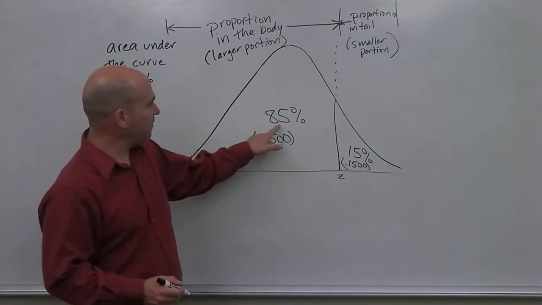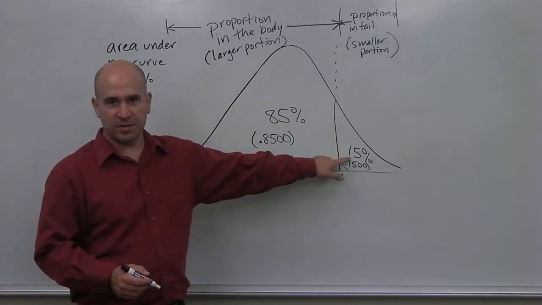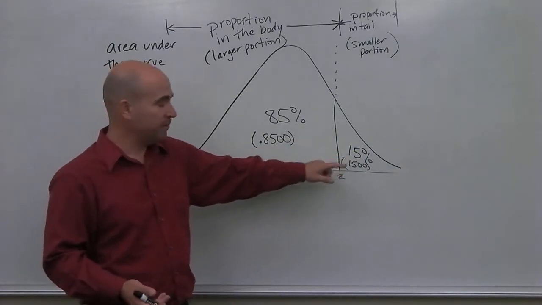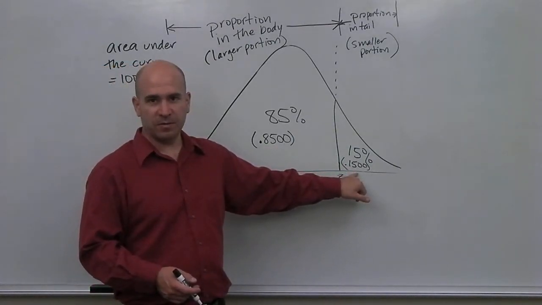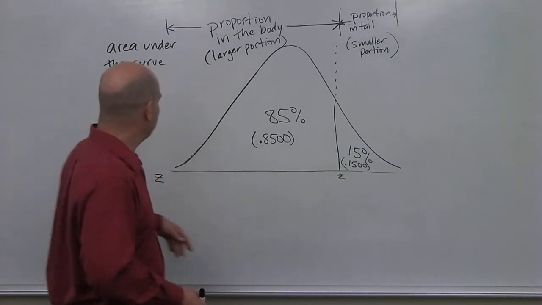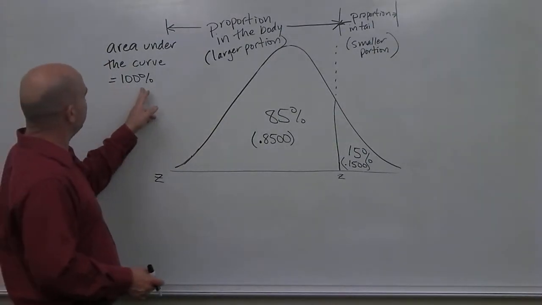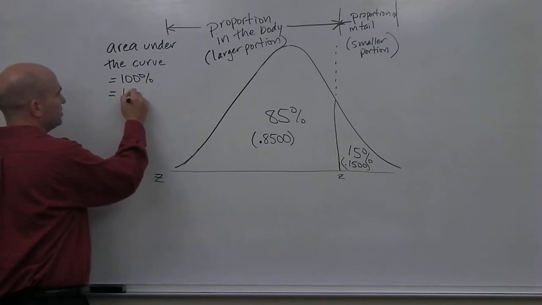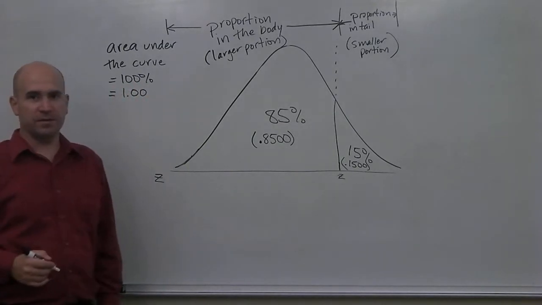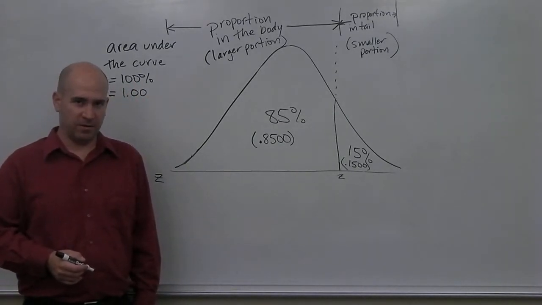Notice how 85 plus 15% is equal to 100%, and 0.85 plus 0.15 is equal to 1.0. So when we talk about percentages, it's 100%, or when we talk about proportions, it's just 1.00, the area under the curve.